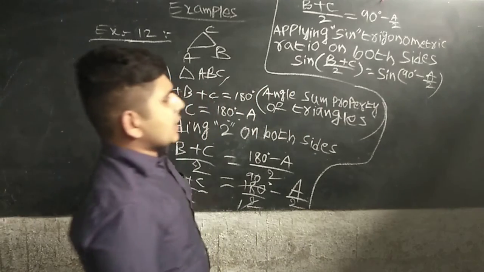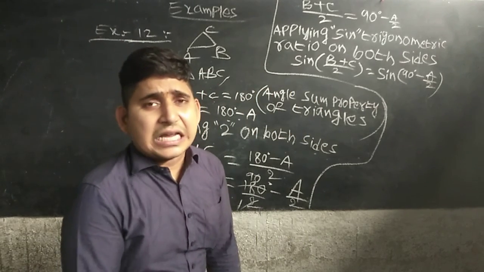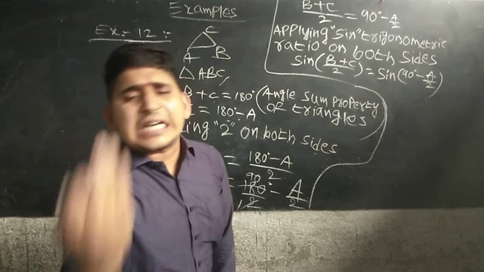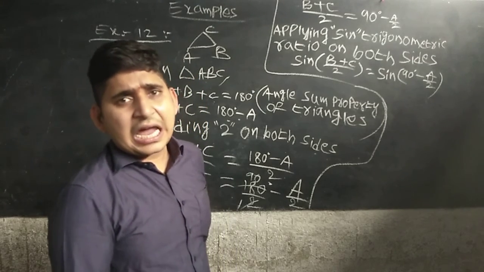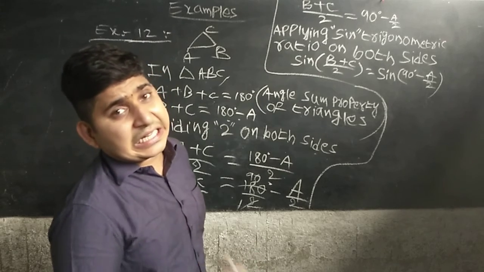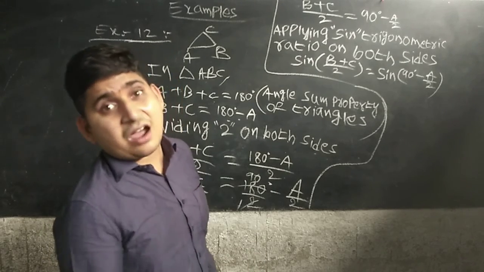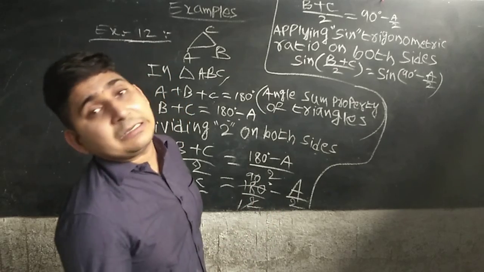Now sine of (90 minus A by 2) is in the form of sine (90 minus theta). Now, sine (90 minus theta) equals what? Cos theta. What is theta here? A by 2.